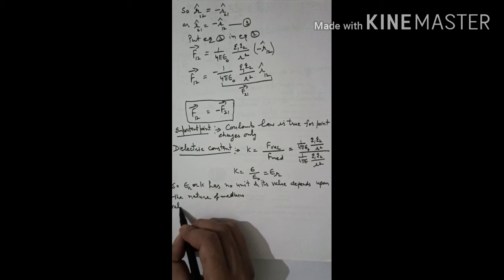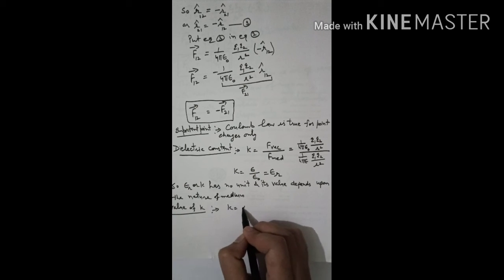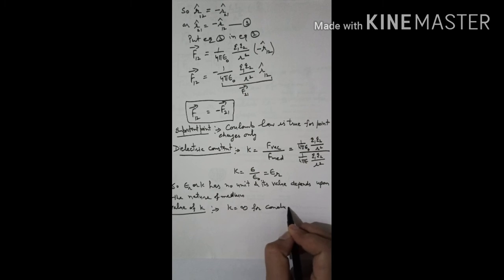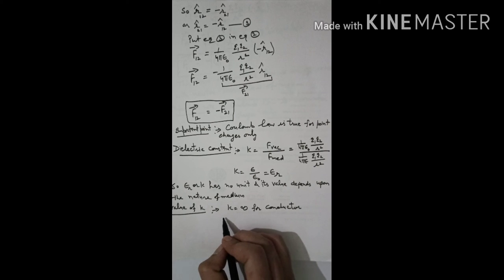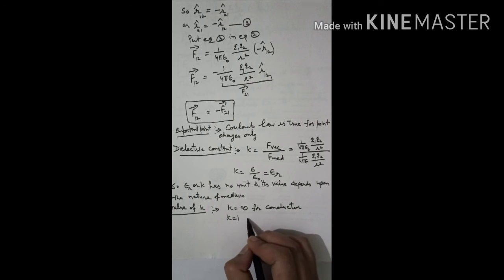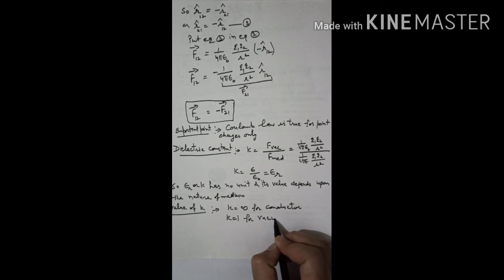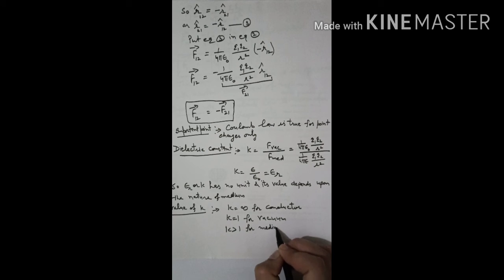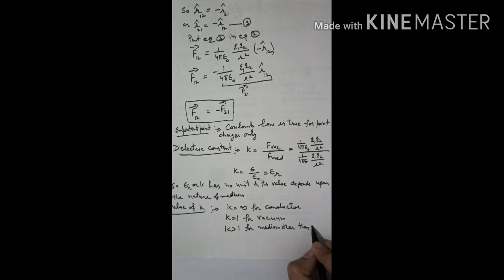So the value of K is equal to infinite for a conductor. Second, K is equal to 1 for vacuum. K is greater than 1 for a medium, vacuum or air. Thank you.